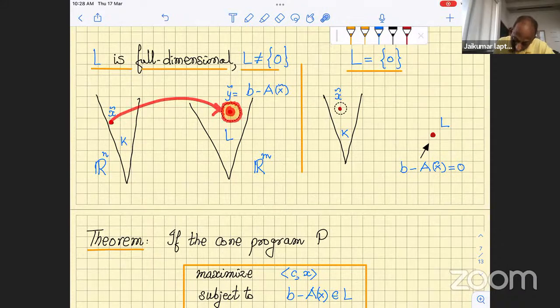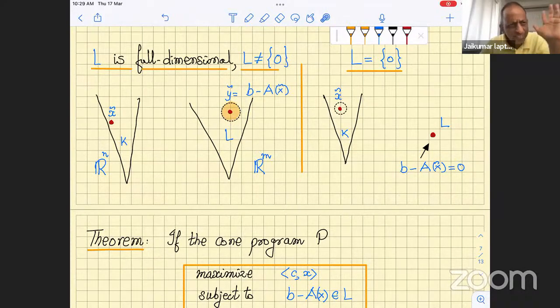That means this point should be in the interior of this cone. That is, there should be a ball around it which is entirely contained in L. Then X tilde will be called an interior point of the cone program.